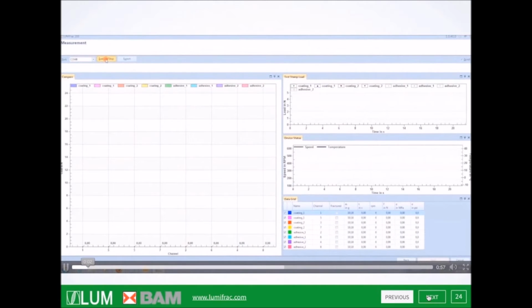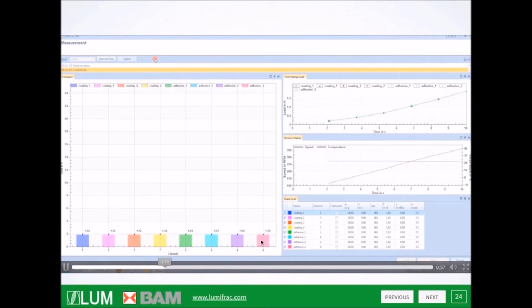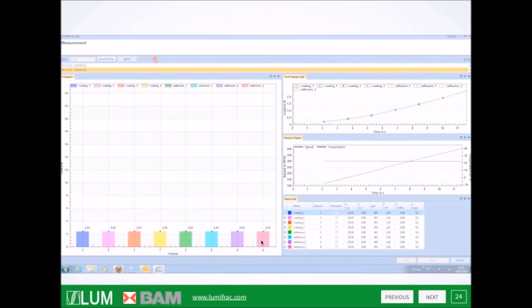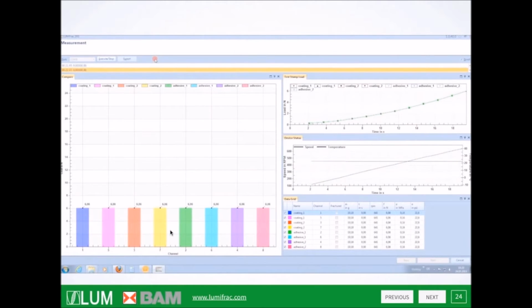The next thing you have to do is to start the experiment, and now the system starts to run. You can see here how the load is increasing, and the system is calculating the current load online for the different samples. At the moment you see the load is increasing for all the 8 samples.